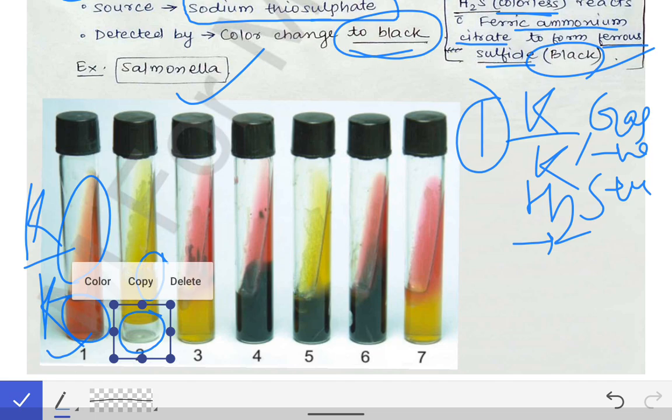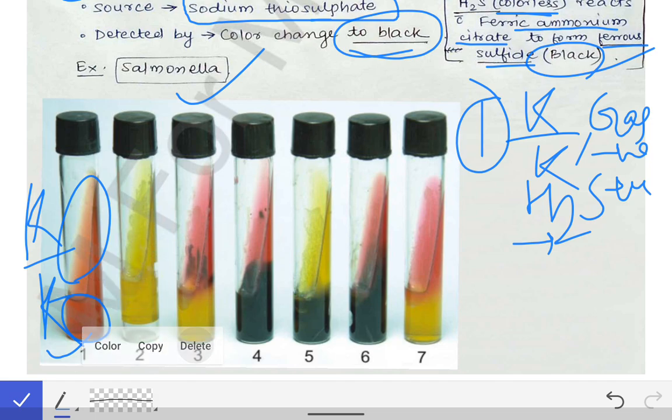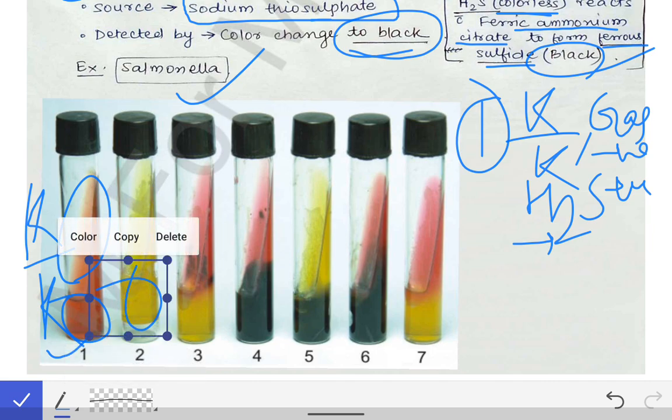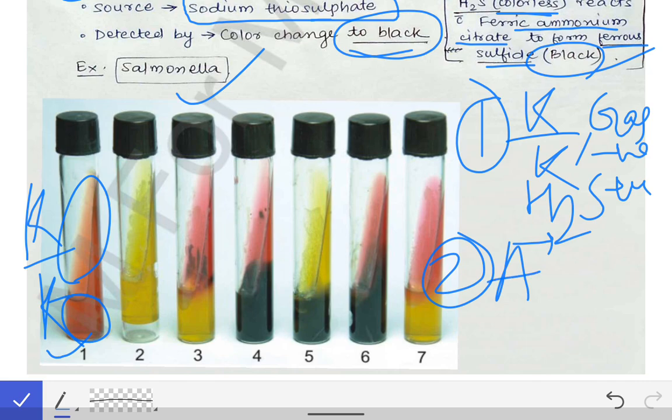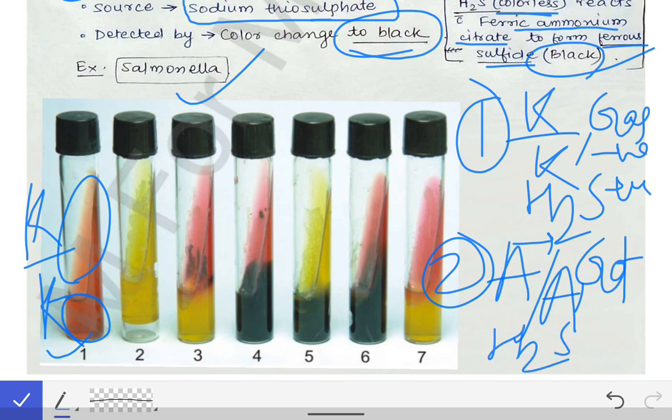So here the TSI test is A by A and gas positive, but there is no black color. Okay, no black color is produced anywhere in this test tube. So H2S is negative. So test tube 2 will be A by A, then gas will be positive, and then H2S will be negative.